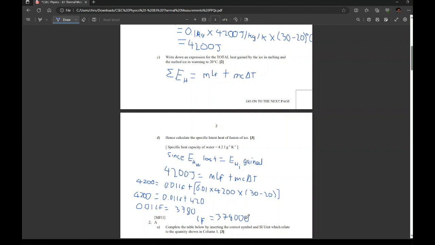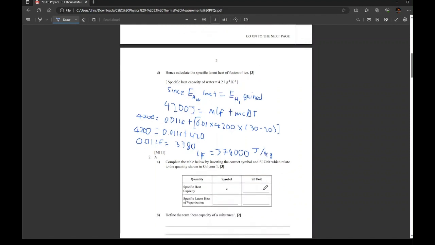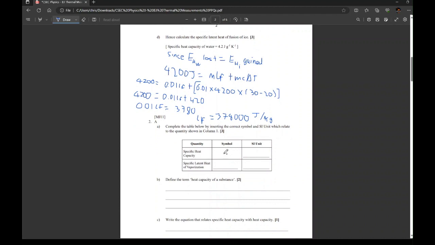And of course, latent heat of fusion is measured in joules per kilogram. It's always important to include your unit in the final answer, just so that CXC knows that you actually know what you're talking about, right? And I believe this does carry a mark as well. Okay, so that's our answer for part D of the question.